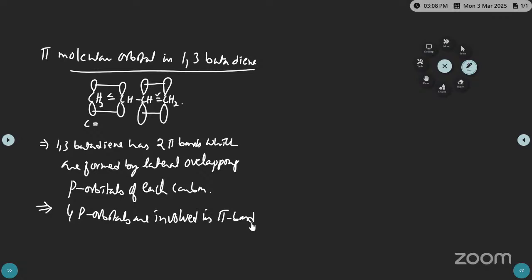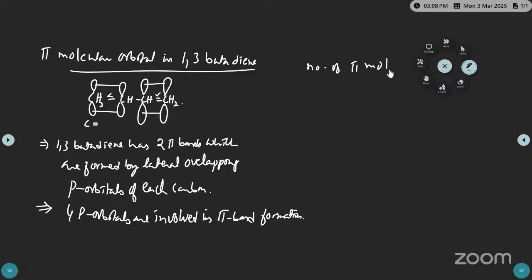Generally, a pi bond is formed by unhybridized p orbitals. So here four p orbitals are involved in pi bond formation.